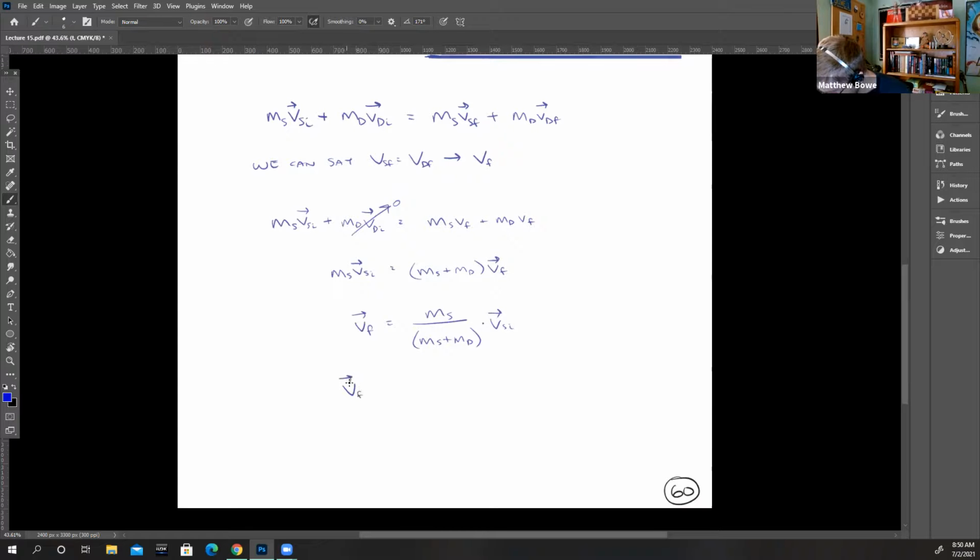Let's put in the values: 75 kilograms over 75 kilograms plus 10 kilograms, times the initial 4 meters per second. We're going pretty fast.